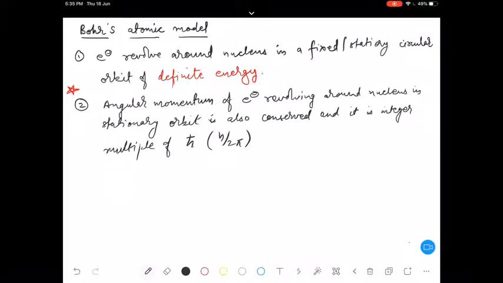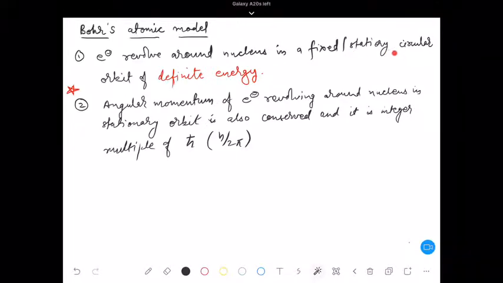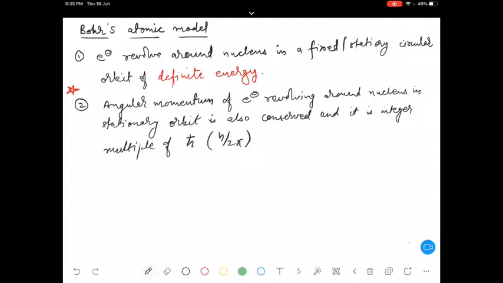Next one. So if it is a stationary orbit, for example, let's say this is a wooden box lying on this horizontal surface.